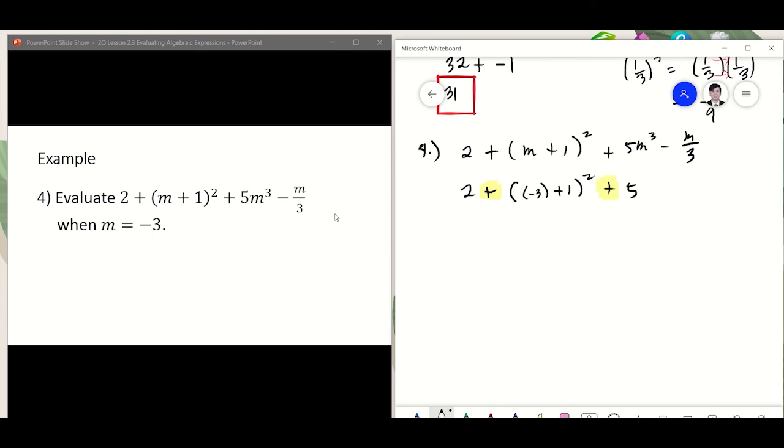You have 5, then the m, enclose it in a parenthesis again. m is negative 3. There's a minus again, another term after this. So you have m over 3. So parenthesis, negative 3 over 3.